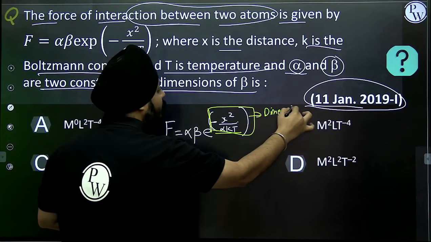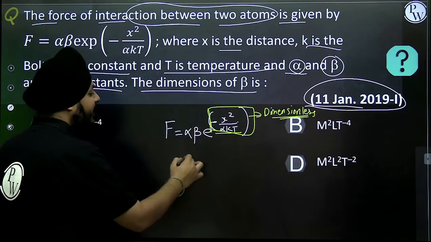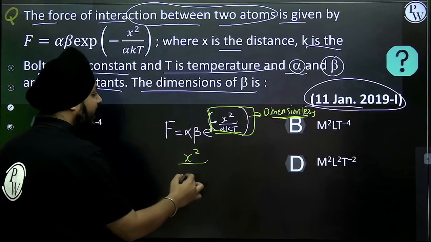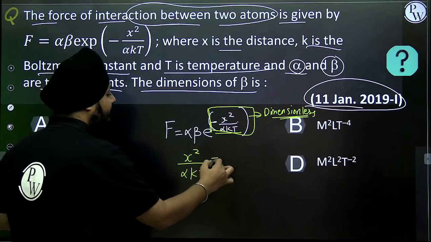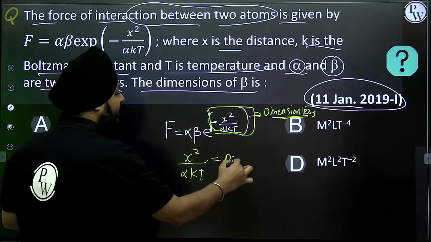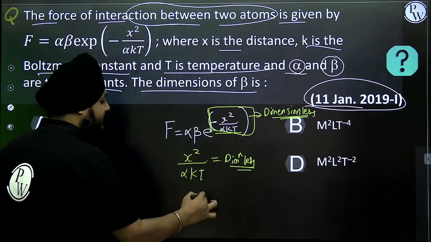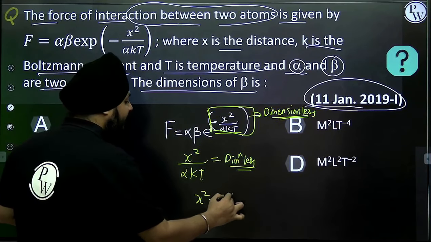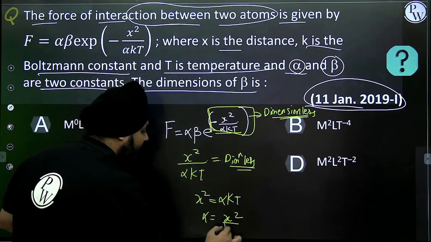This is one of the noteworthy points, right? So x square by alpha kt is dimensionless. It means x square is equivalent to alpha kt, and alpha is equivalent to x square by kt.